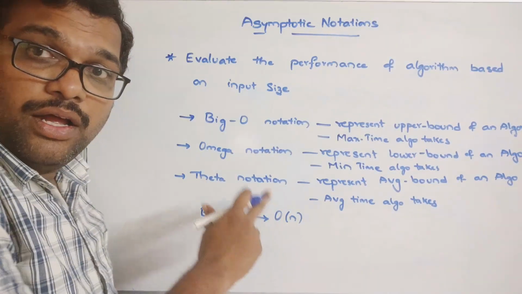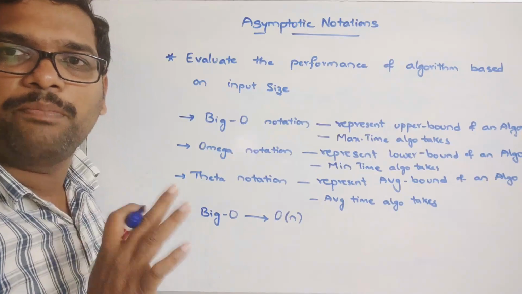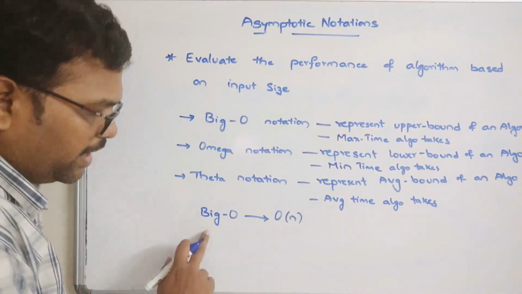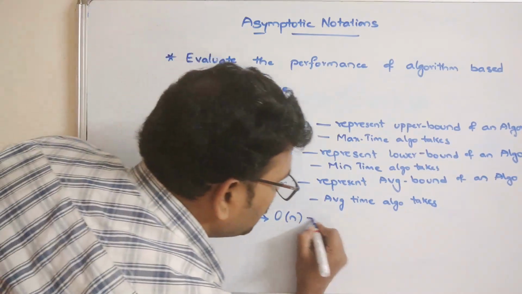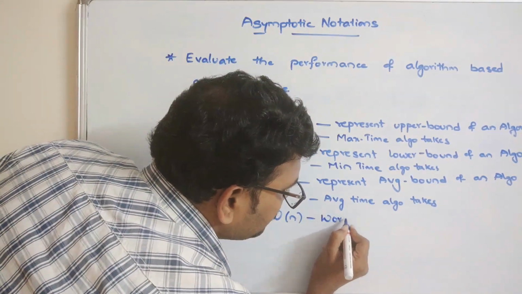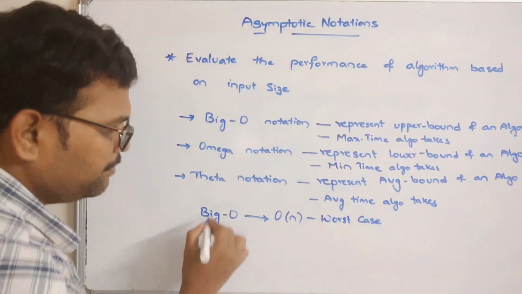So order of n, that means worst case time complexity. It will be represented as big O, order of n. So this will be the worst case time complexity.